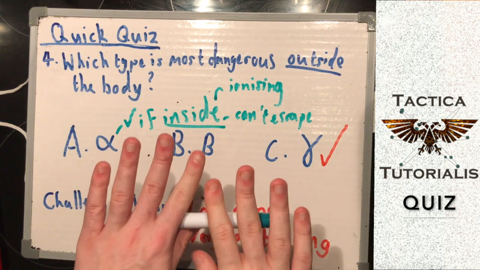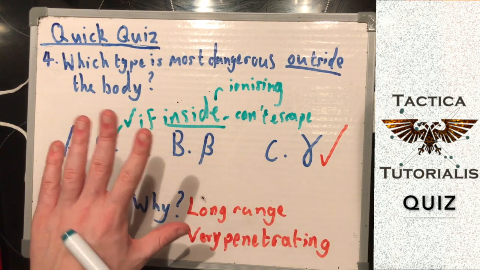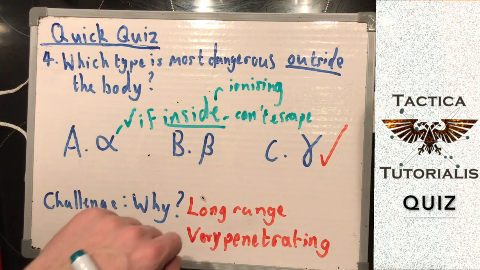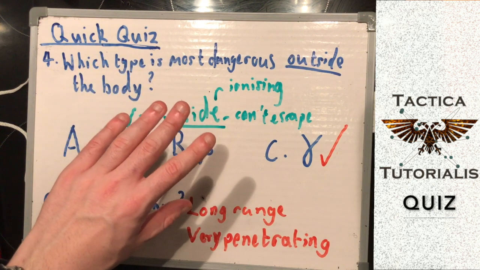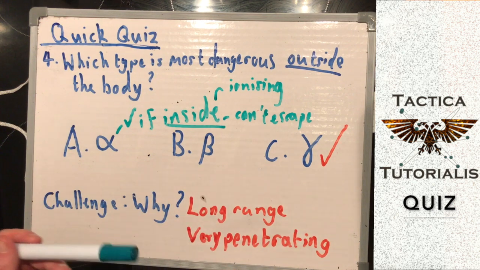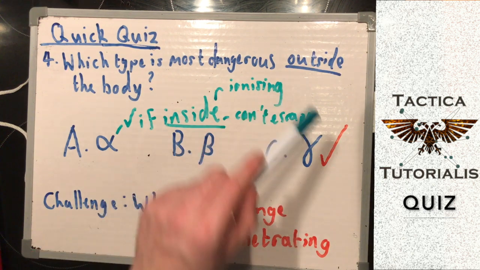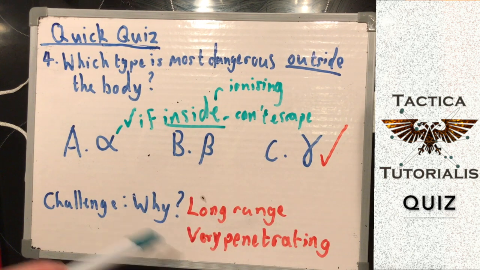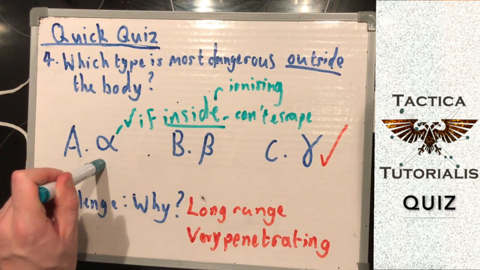But if they're outside the body, apart from to your skin, because they can hit that, they can't affect you. They can't get through your clothes, they can't get through your skin, they can't get through anything. But once they get in, they're very, very dangerous. Outside, usually it's gamma. Inside, typically it's alpha.